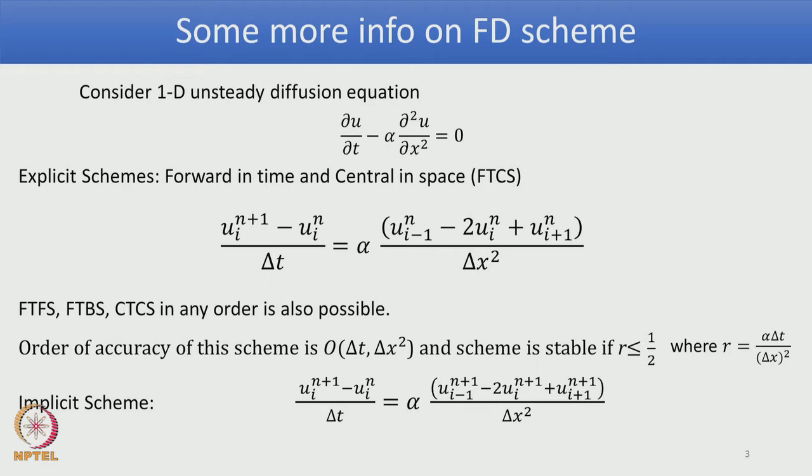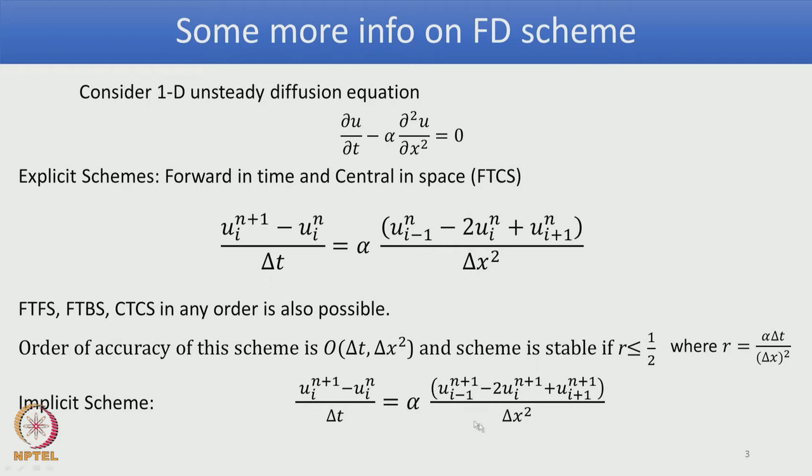At that time we mentioned what is explicit and what is implicit, and here we are going to re-emphasize that point. This is forward in time on the left hand side for the time derivative, (u of i, n+1 minus u of i, n) by delta t. This term is the same as explained here. There is a small difference in the right hand side term for spatial differencing.